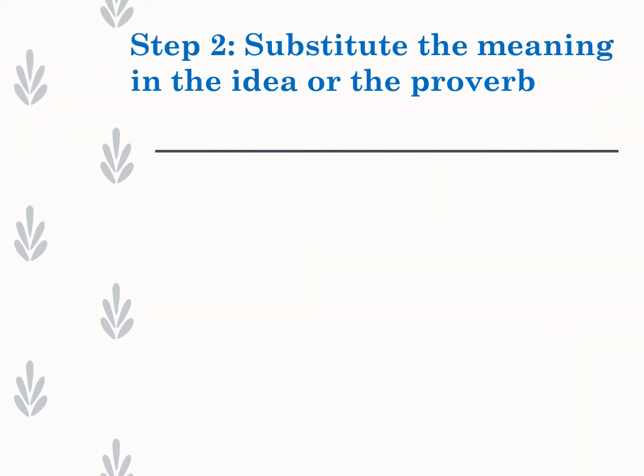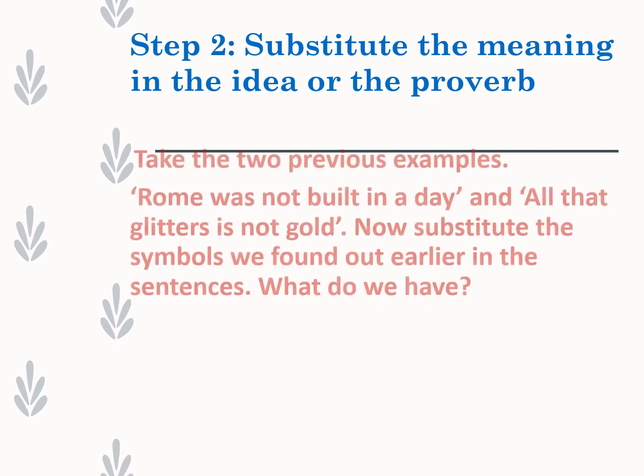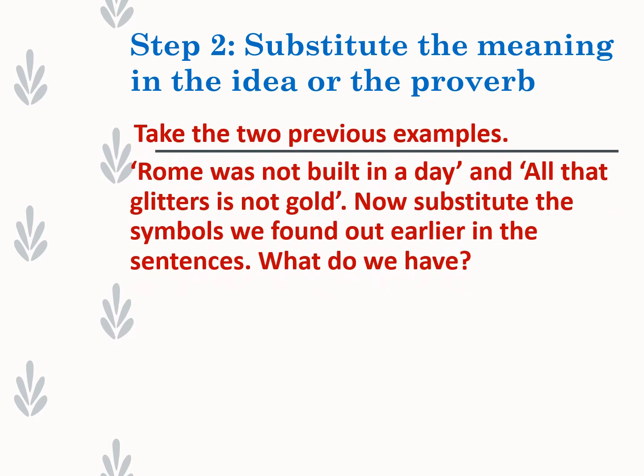Step 2. Substitute the meaning in the idea or the proverb. Substitute the symbolic meaning. Instead of the symbol, you will write the real meaning in the idea or the proverb. Now take the previous two examples. We said Rome was not built in a day is one proverb, and all that glitters is not gold is another proverb. Now substitute what we found out earlier.